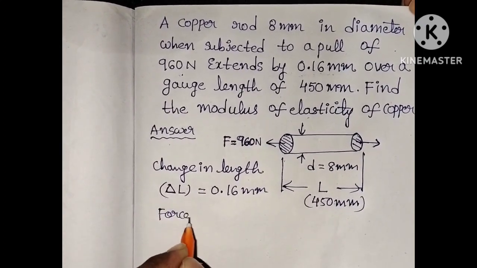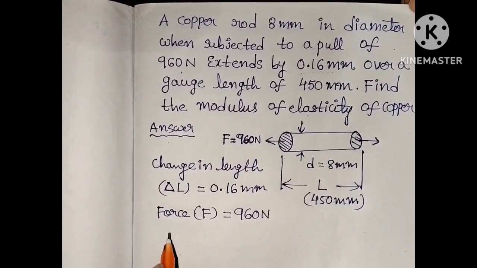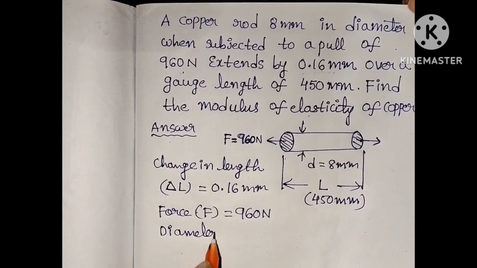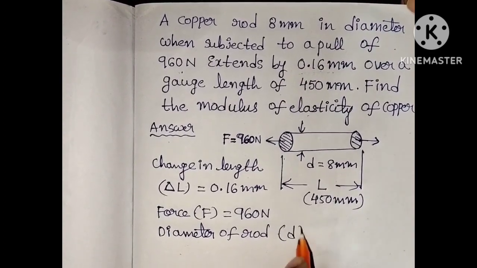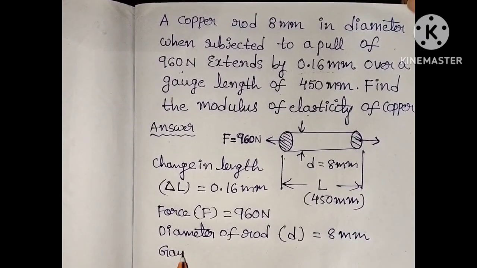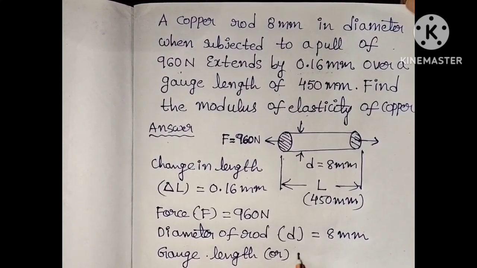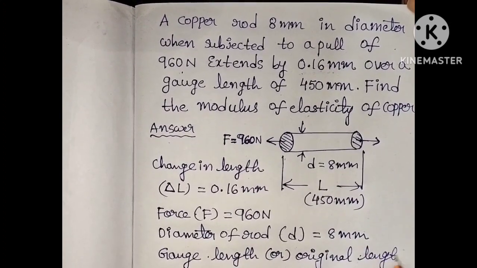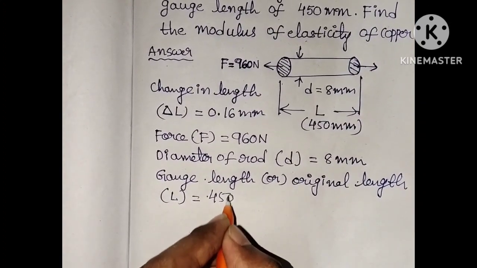So here force or load is equal to 960 newtons, diameter of the rod D is equal to 8 mm, and gauge length or original length L is equal to 450 mm.